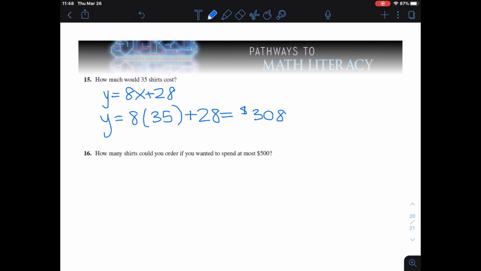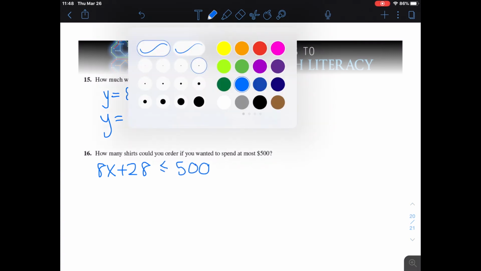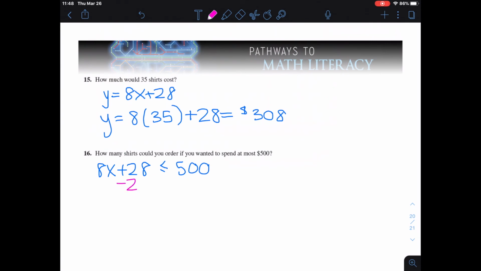And now suppose we want to order at most, or we want to spend at most $500. We want to figure out how many shirts we would have to order. So we want this 8x plus 28, which is our cost, to be at most 500. So we just need to solve for it. We start by subtracting 28. So that gives us 8x is less than or equal to 472.